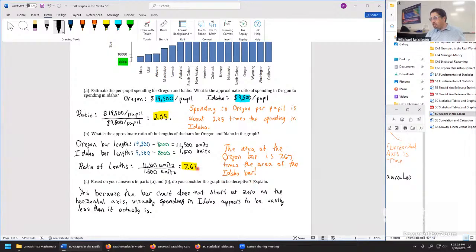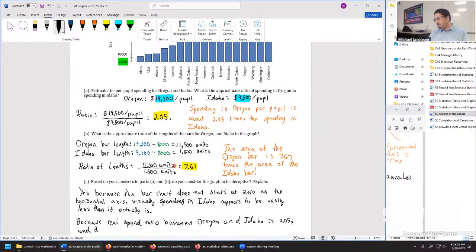But another great way to answer this question is just as you said: because the real spending ratio, to be specific, because we were talking about the ratios on both of them, because the real spending ratio between Oregon and Idaho is 2.05, and the area ratio is 7.67.